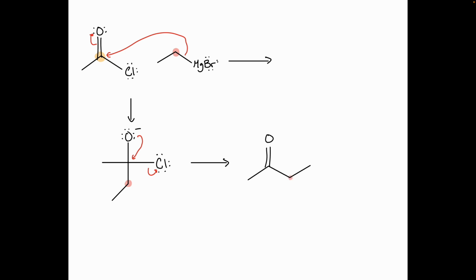All right, so I have successfully added those two carbons from my Grignard, and I've created what new functional group? A ketone. Cool. So the story doesn't end here, though.